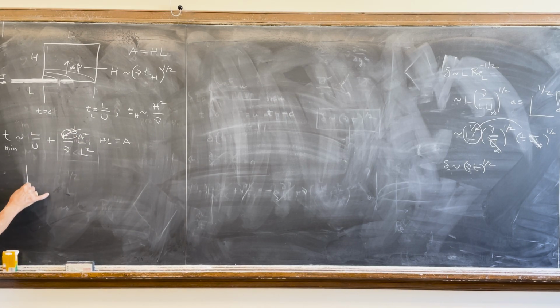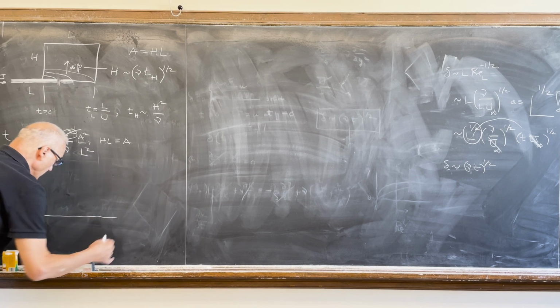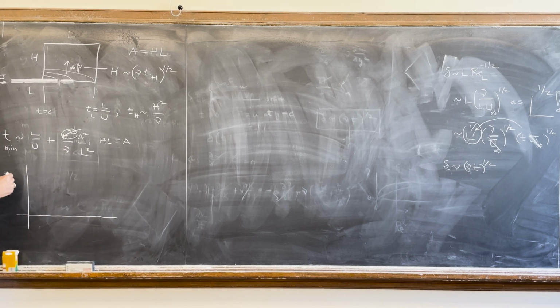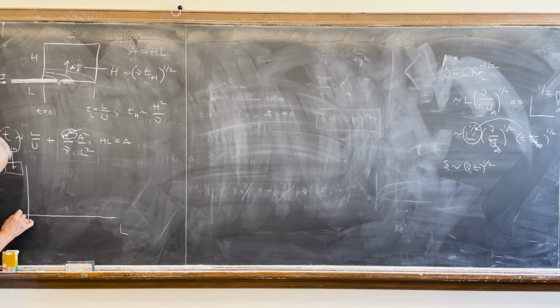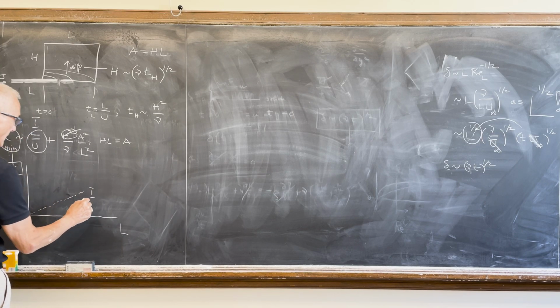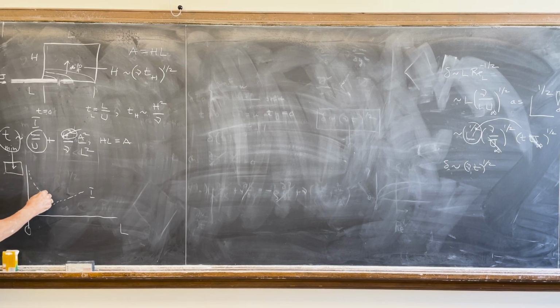And if I sketch the behavior of this minimum time, so this is minimum time, versus, for example, L, it's easy to see that the first term, which I'll call Roman 1, increases as a straight line, whereas the second one is called a hyperbola, Roman 2.